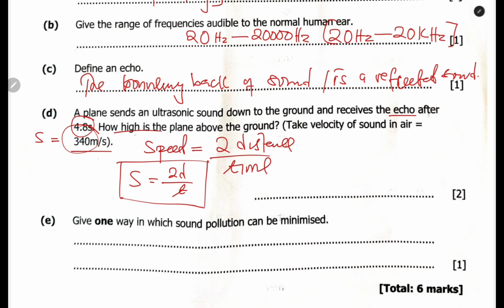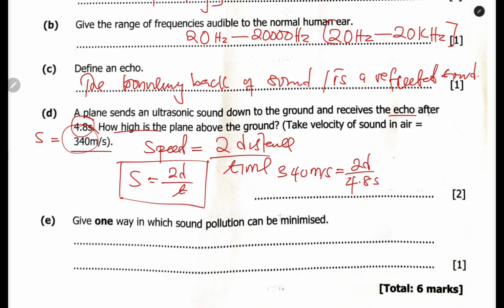Now here they are saying how high, which means you want to find the height, which is the distance. So to find the distance, you can make D the subject, or you can just replace. I prefer replacing. So 340 meters per second equals 2D over the time it took, which was 4.8 seconds.